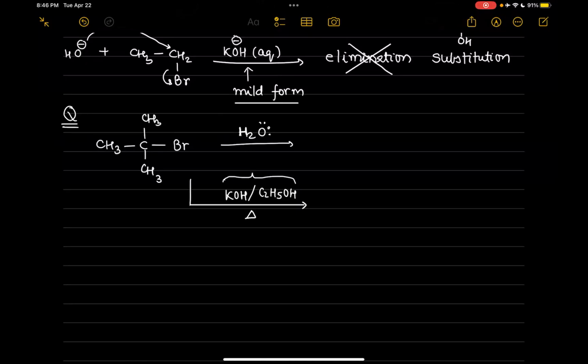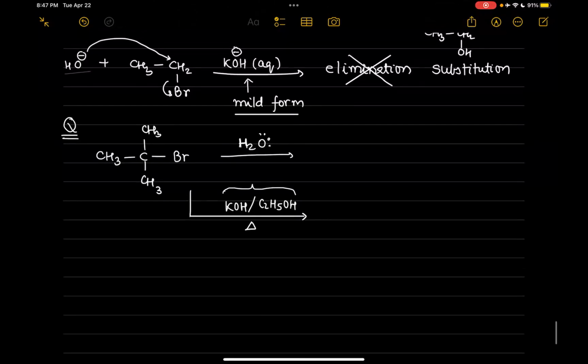In the first case, is it a vigorous condition or just a mild condition? With water, it is a mild condition. You have not taken any heat. You have not taken any strong base. Water is a neutral substance.